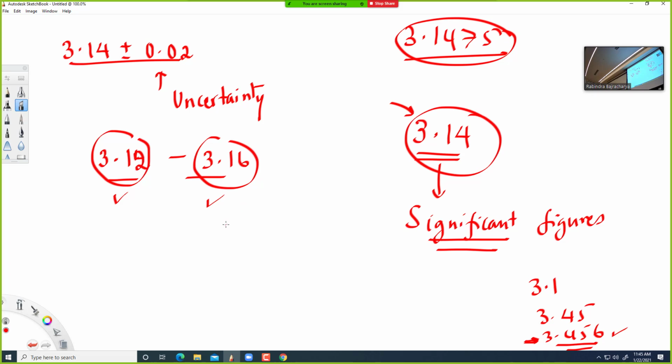So how do we determine significant figures in a given number? Let's say you have a bunch of numbers: 3.145, 2.2094, 0.543.